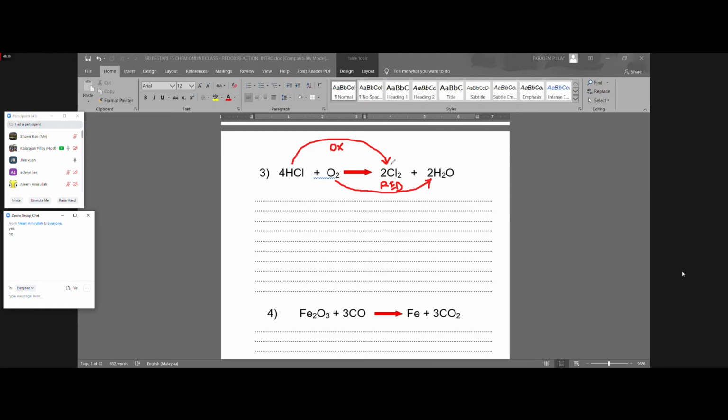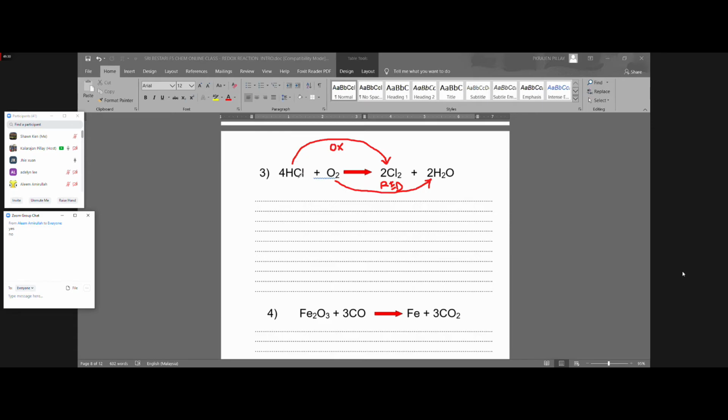Hydrogen chloride is oxidized to what? Chlorine. Why do you call it oxidized? Because it loses what? Try again. HCl now becomes Cl2. Where is there oxygen here?